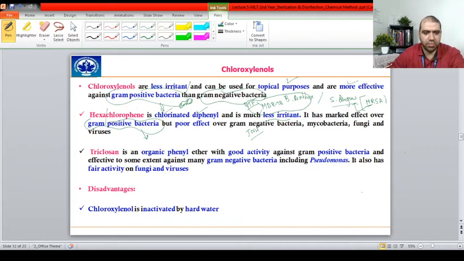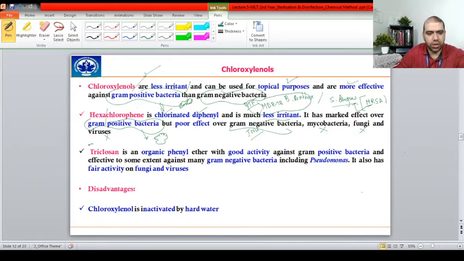Most gram-positive bacteria form spores around themselves so that they can survive even outside the host. And as I told you, they have poor activity against gram-negative bacteria. They cannot do anything to the Mycobacteria, not effective against fungal infections, and also not effective against viruses. So when you find that the contamination is because of gram-positive bacteria, you can use this. This is one choice of your disinfectant.